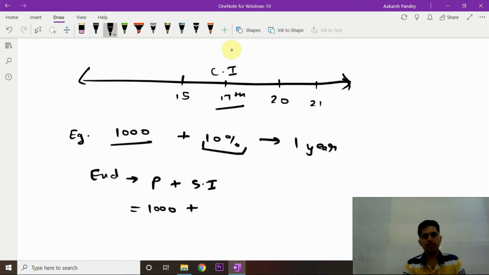If you have 1,000 and you want to find out the 10%, convert this percentage into a fraction. That will be 10 divided by 100. To convert a percentage to a fraction, you just divide it by 100. Now you can cancel out some zeros which you can see common. So my interest is $100.